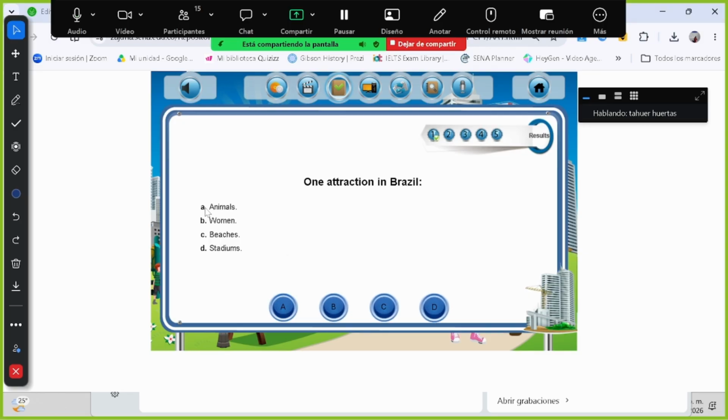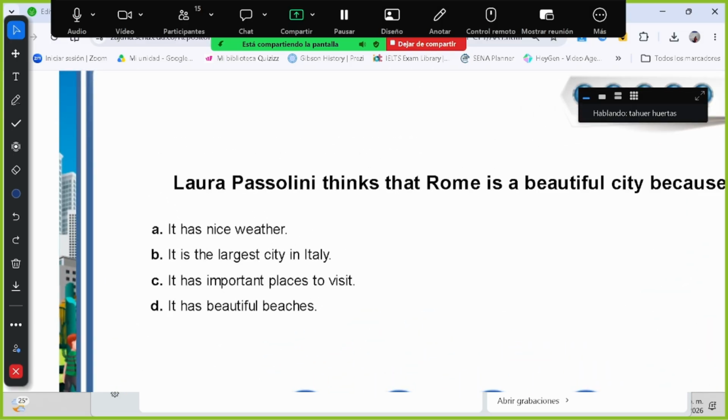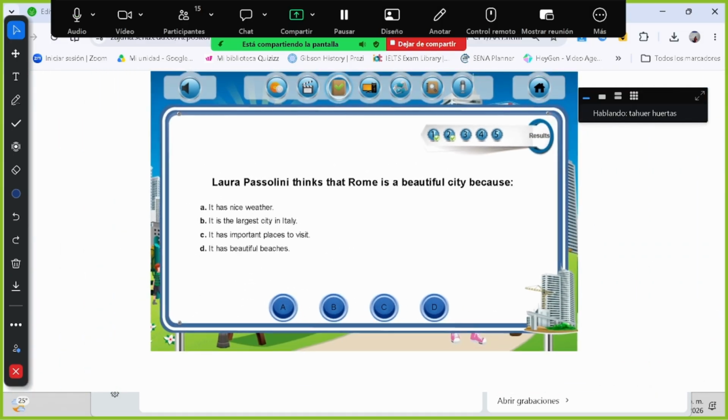D, very good. One attraction in Brazil. Beaches. C, very good. Laura Pasolini. I don't remember. Here, before you do the comprehension activities, you have to read the contextualization.